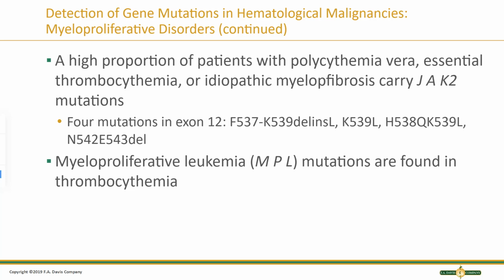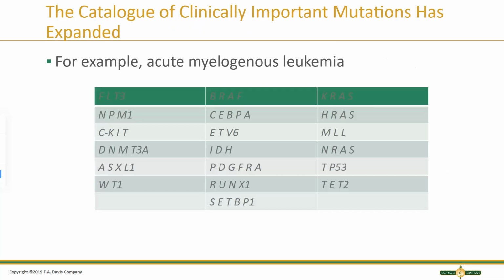A high proportion of patients with polycythemia vera, essential thrombocythemia, or idiopathic myelofibrosis carry JAK2 mutations. Four mutations in the exon are listed. Myeloproliferative leukemia mutations are found in thrombocythemia. For example, acute myelogenous leukemia mutations are listed here.